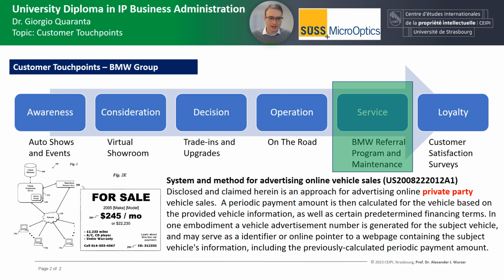Finally, the last example is about a system or method for advertising vehicles online from private sellers. In particular, they secured a process in which, if a private seller wants to sell a BMW car, they can simply use this electronic digital system to upload the information of the car, and also the price and all the financial information needed to sell the car.